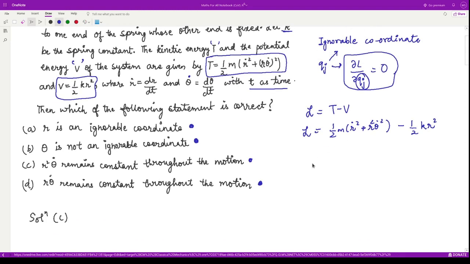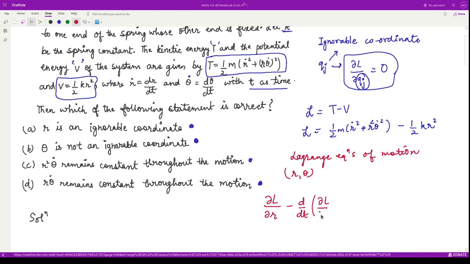So what are the corresponding Lagrange equations? Because in our case we have two generalized coordinates, r and theta, we have two equations. The first is del L by del r minus d by dt of del L by del r dot, equal to 0, because the independent variable here is time.